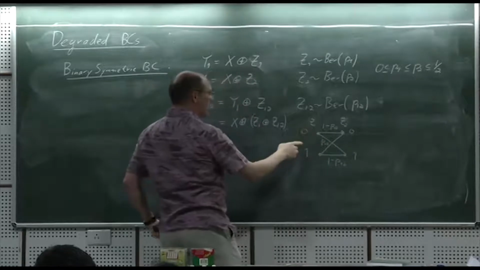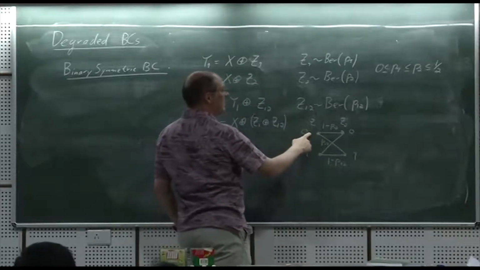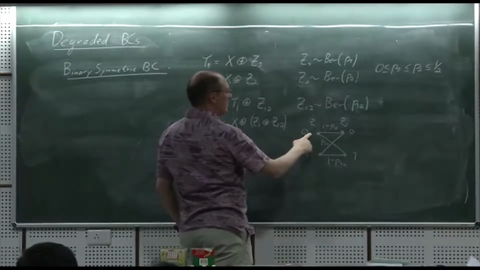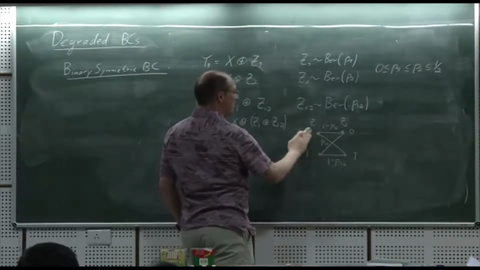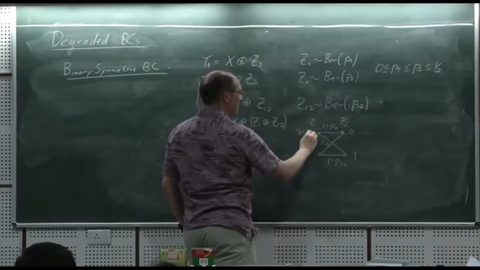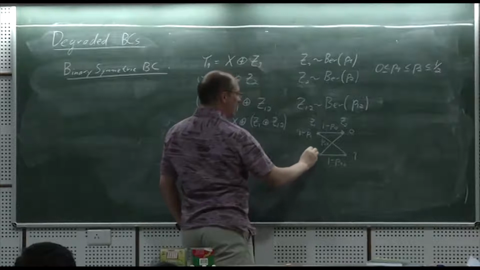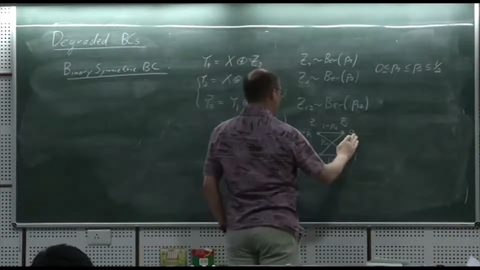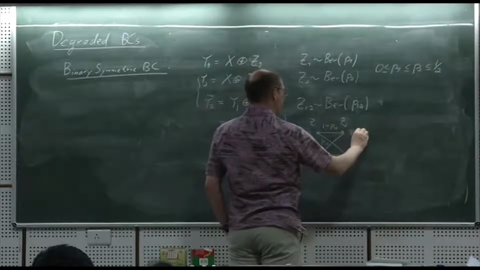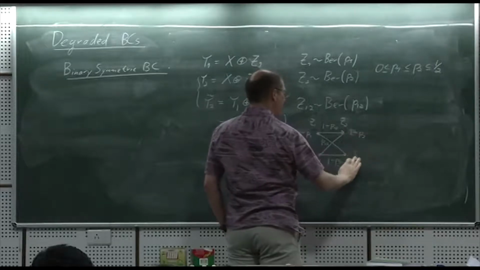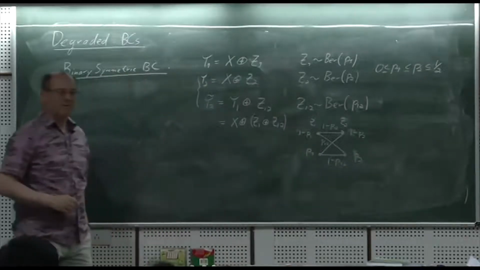If I start with z1, I know that I get 0 with probability 1 minus p1, and I get 1 with probability p1, and here I want to have this to be 1 minus p2 and this to be p2. That's what I want to get.